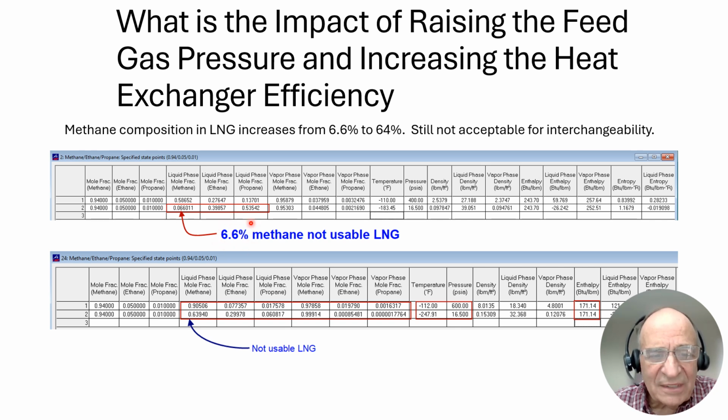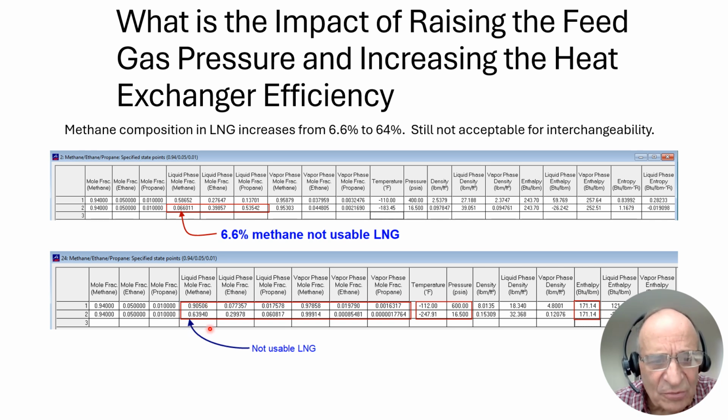Let's do the same exact process, but now let's have the feed gas up at 600 psi. At 600 psi, we drop down again, and constant enthalpy is shown here. And now we've increased from 6.6% methane to 64% methane.